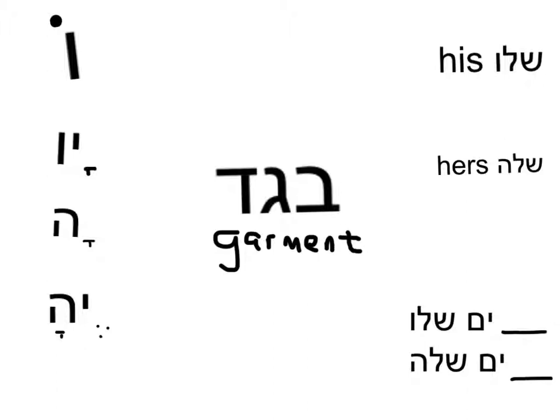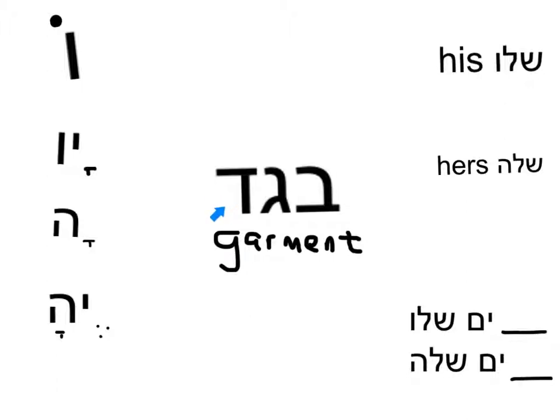Notice I'm not using the word clothing because clothing could mean one item or more than one item. So we're just going to use garment. If I would say garments with an S in English, it would mean more than one piece of clothing. So now I've got my beged, I've got my garment. Now whose garment is it?